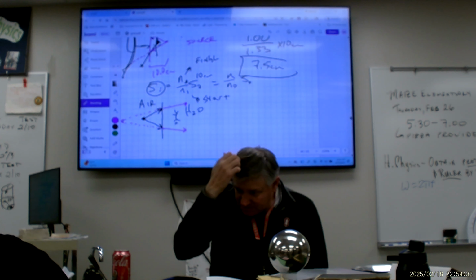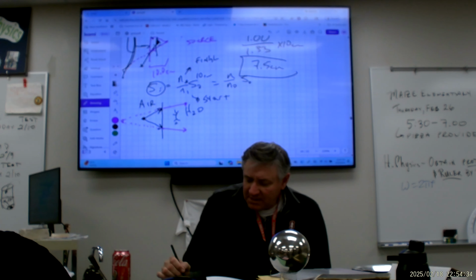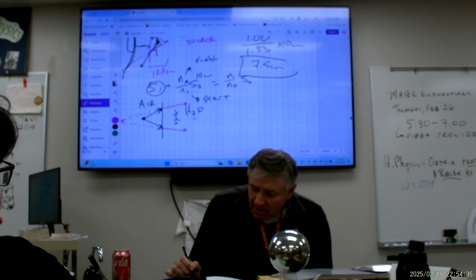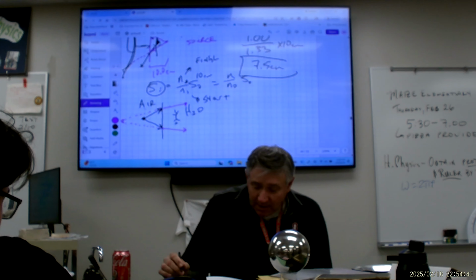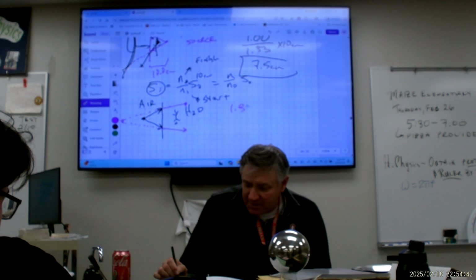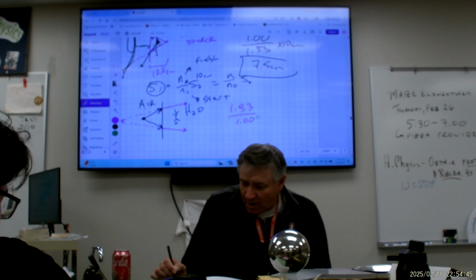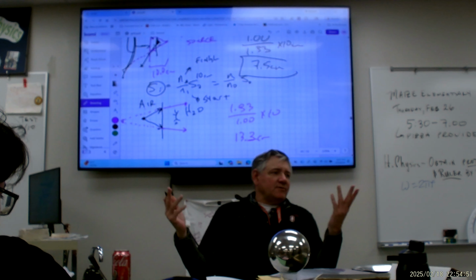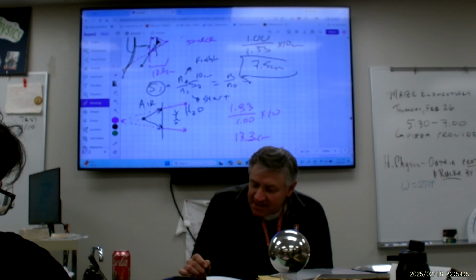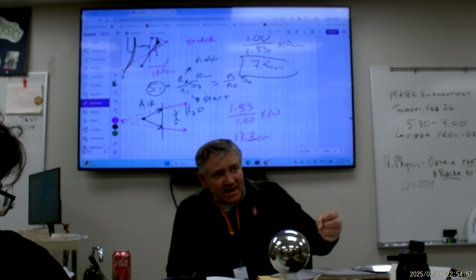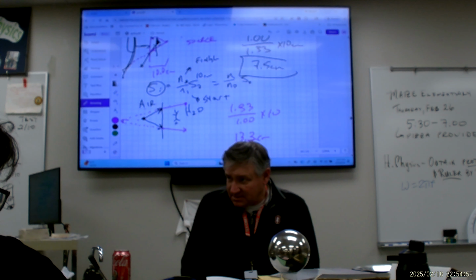Right? Now, so it's going to be the same thing here. The only difference is that now I'm starting in air and it's ending up in water. So now that's going to be 1.33 over 1 times 10, and you're going to get 13.5, whatever that is. So in that situation, you're going to think it's further away than what it actually is.